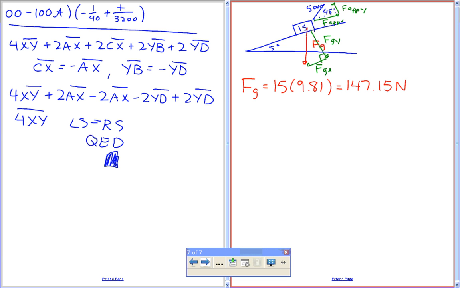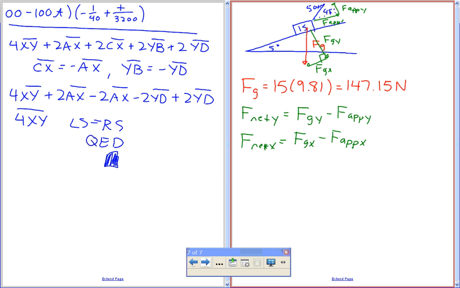So what's going to happen for his net force? His net force in the Y direction is going to be your force of gravity Y minus your force applied Y. Your net force in the X direction is going to be Fg X minus F applied X.